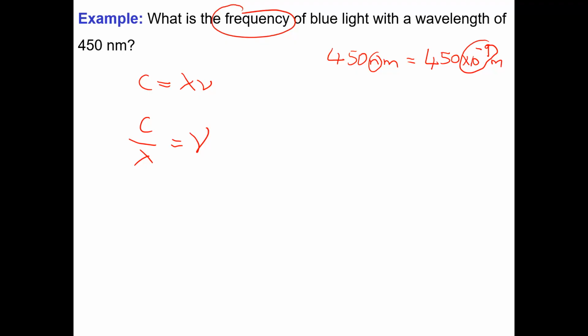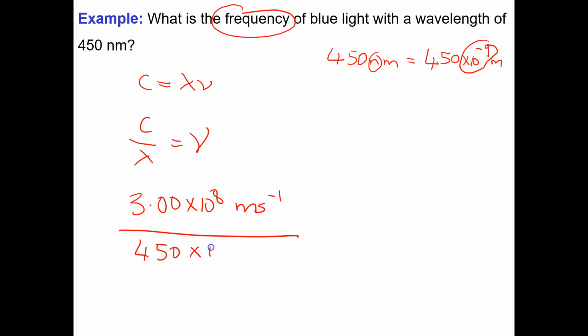So here we go. C is 3 by 10 to the 8 meters per second, and our wavelength lambda is 450 by 10 to the -9 meters. And you can see that meters cancels out, leaving per second.